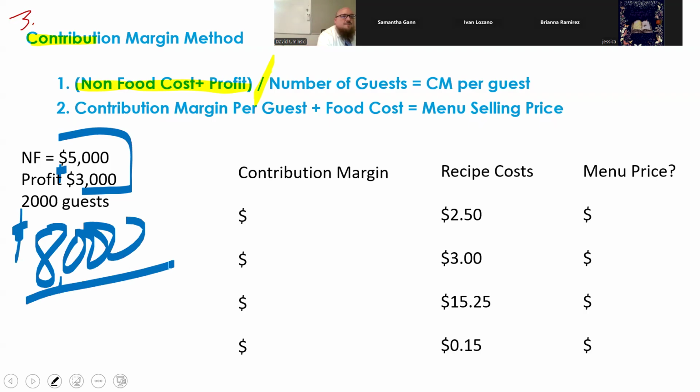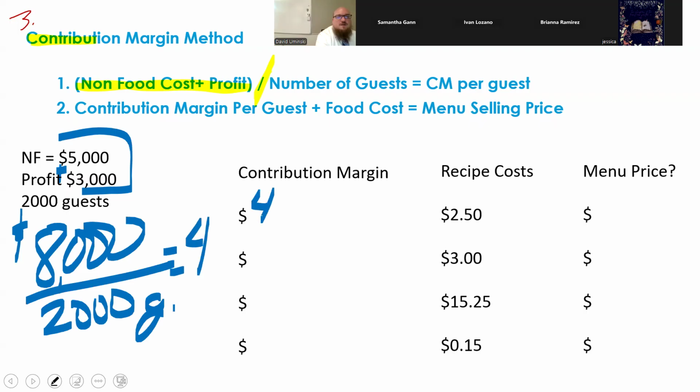And then we divide by our 2,000 guests. And we get what? $4. So $4 is going to be added to every single menu item. Just a flat $4, because that flat $4 is going to cover all of our non-food costs, right? And our profit. And then these are our food costs. So we have non-food and profit, and we have food costs.